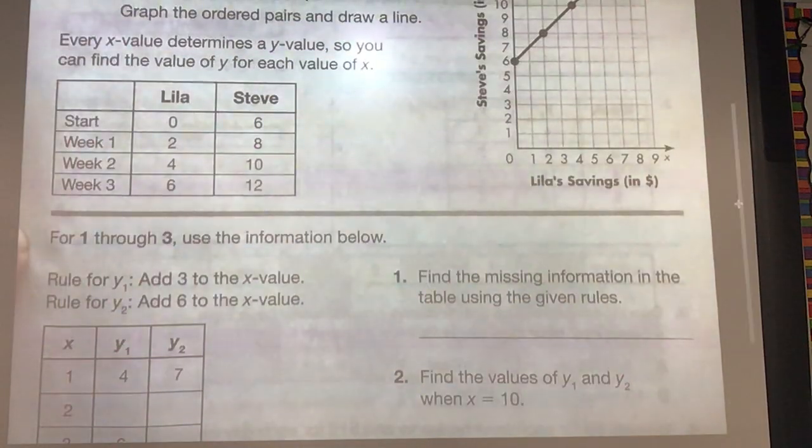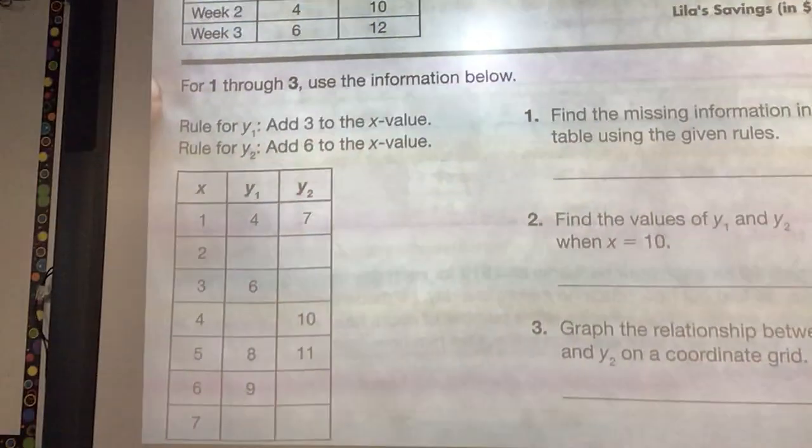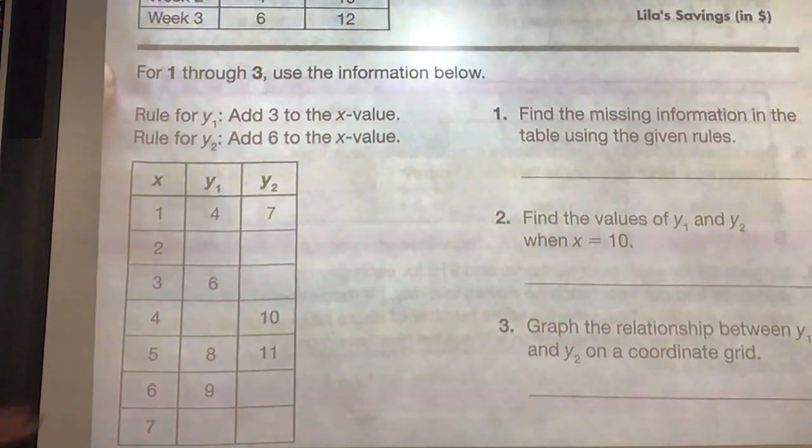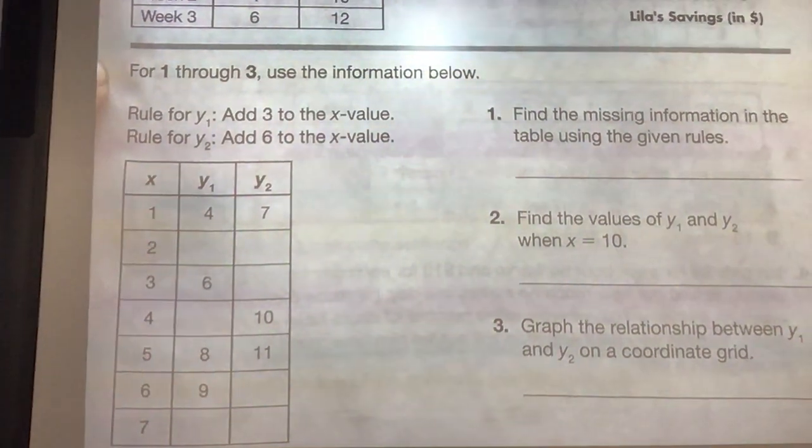All right. So I want you guys, in your best possible handwriting, it's not art class, no rulers, to draw this table right here in your math notebook. And I might give you a second to do that.